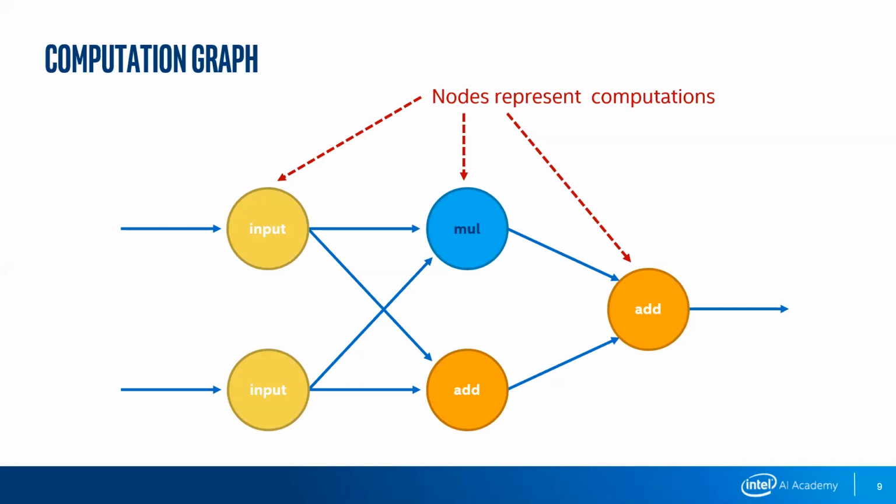And you actually see the edges. For the multiplication operator, I have two inputs coming in. For the add operation, I have two inputs coming in. Multiplication has one output that feeds into the second add, so it's almost like a graph-like representation at the end of the day.